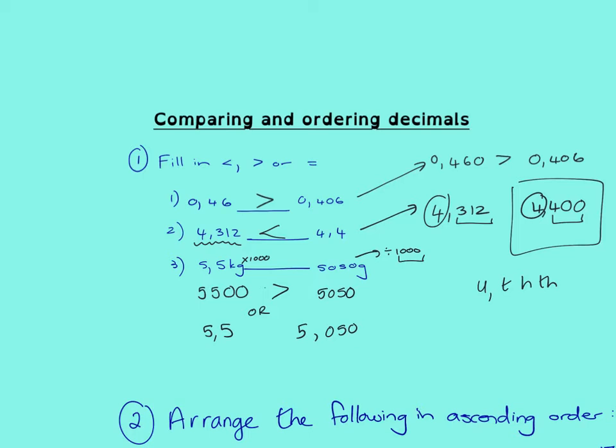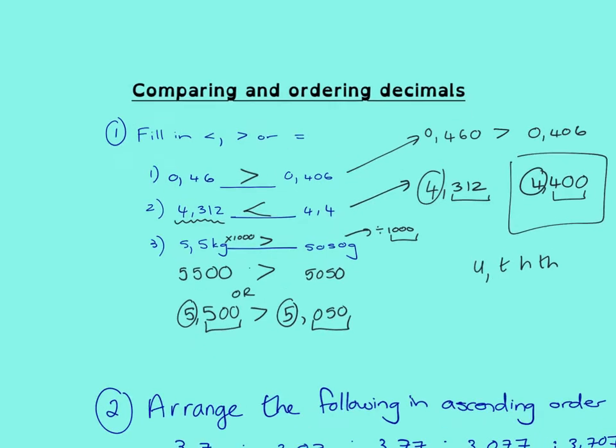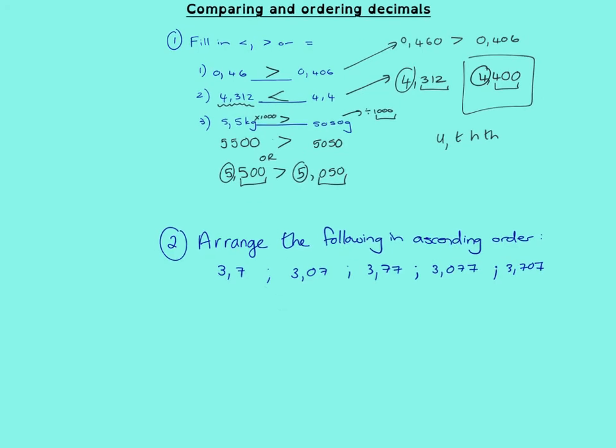Then to compare, we can just put in some extra zeros. Now we're comparing which is bigger, 500 or 50. Because remember, your 5s are the same. So 500 is still bigger. So it's up to you. Some of you would be able to see automatically that your 5.5 kilograms is greater than 5,050 grams. So all you have to do is put the symbol in. So our answers are greater than, less than, greater than for those ones.